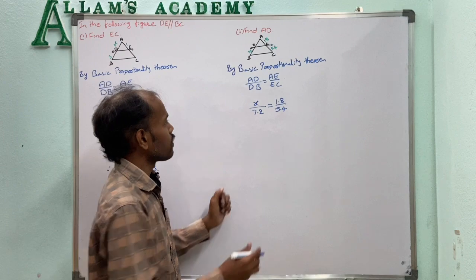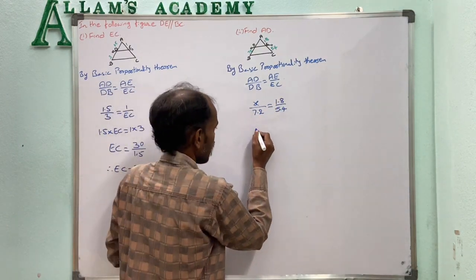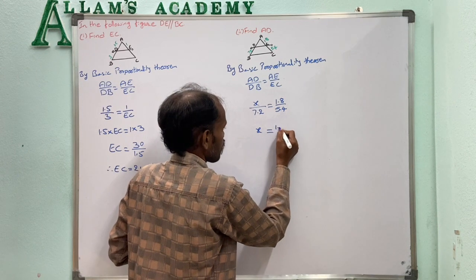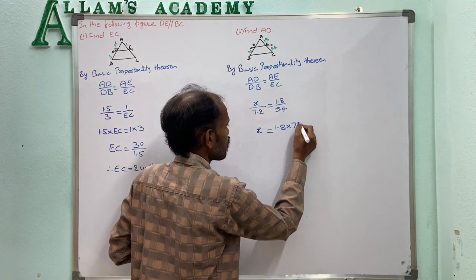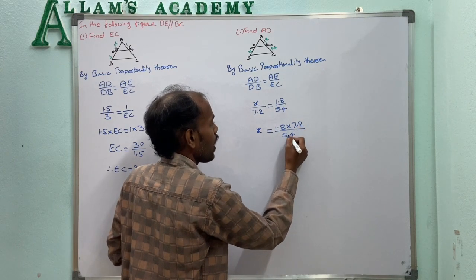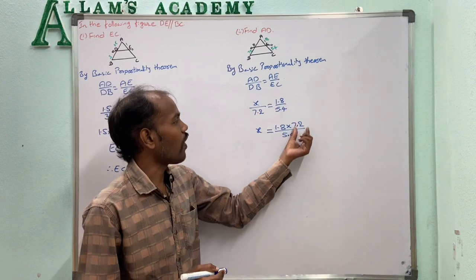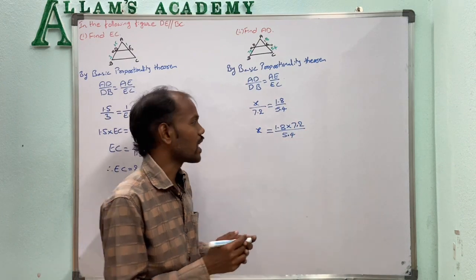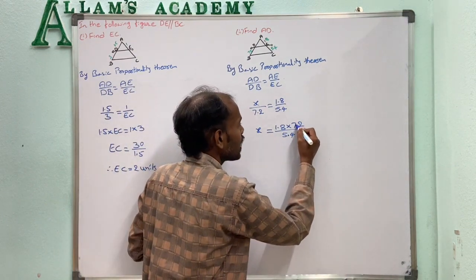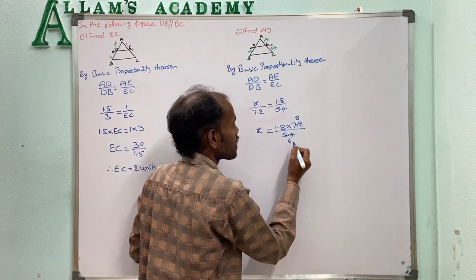Now by cross division, 7.2 transferred to that side is nothing but multiplication. So 1.8 into 7.2 by 5.4. The points are the same, so they cancel. Now both the values will go in the 9 table. So 9 eights are 72, 9 sixes are 54.